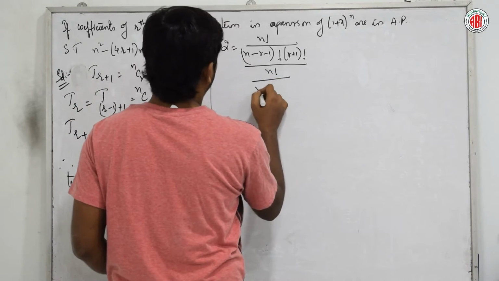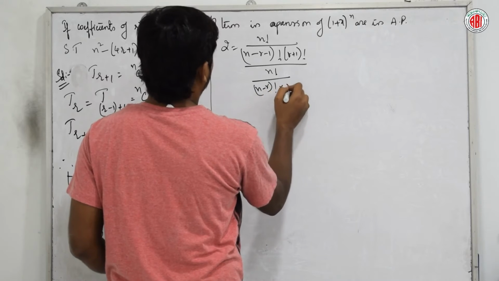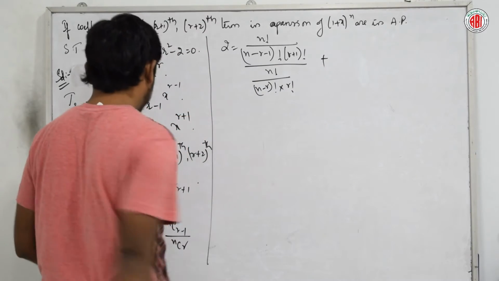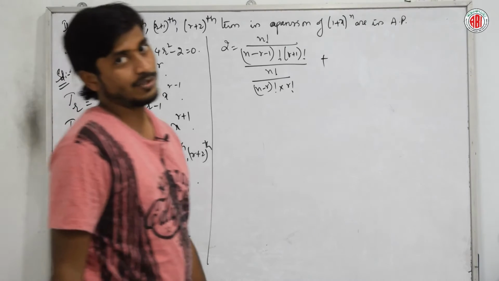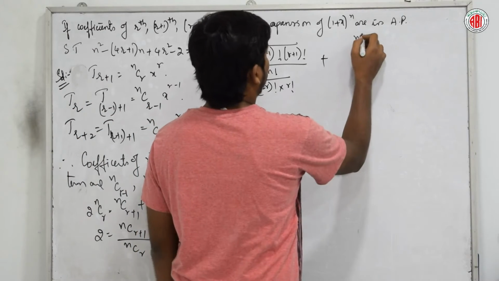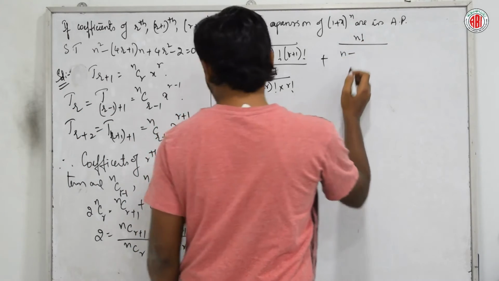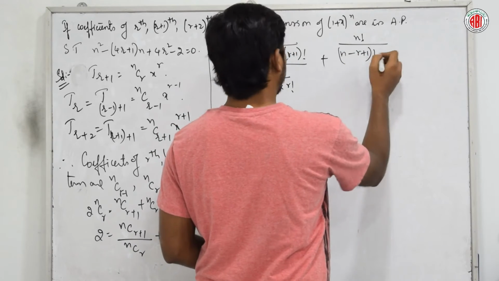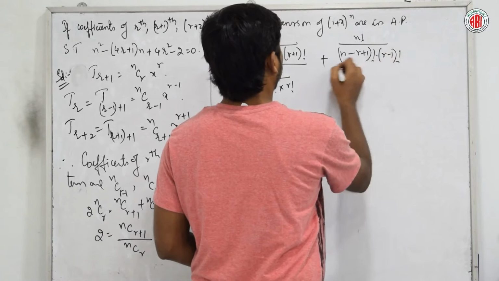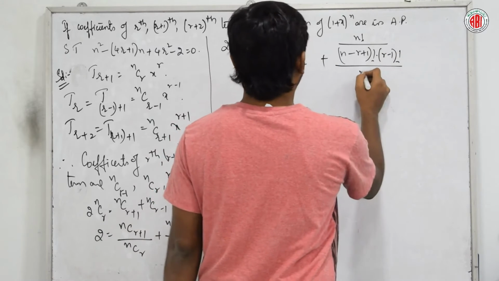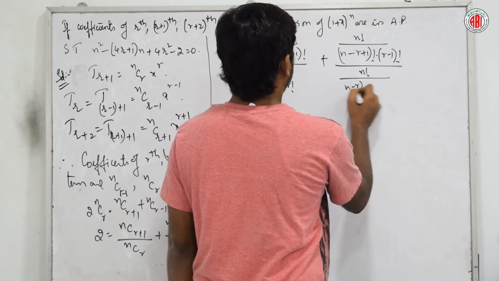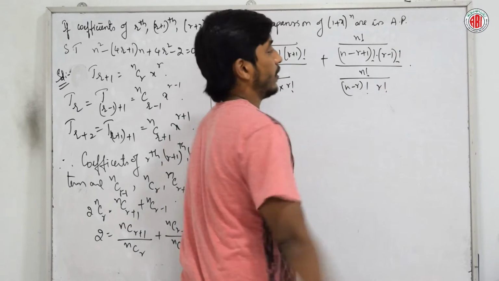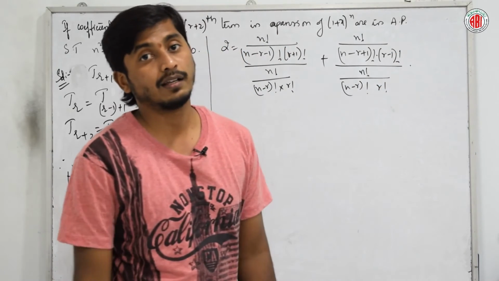This is n factorial by (n minus r) factorial into r factorial, plus nC(r-1), that is n factorial by (n minus r plus 1) factorial into (r minus 1) factorial, divided by n factorial by (n minus r) factorial into r factorial. Is it clear?